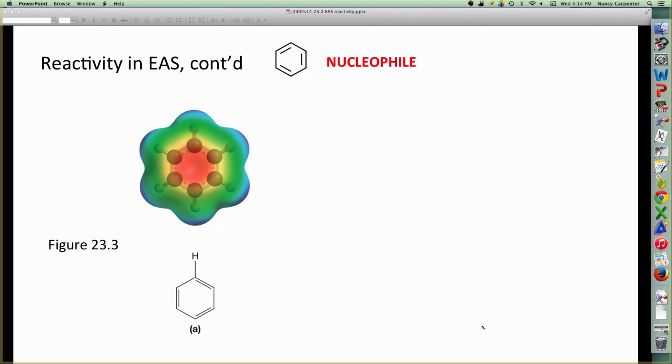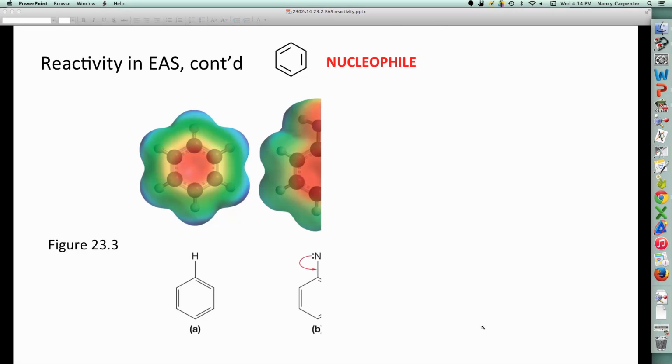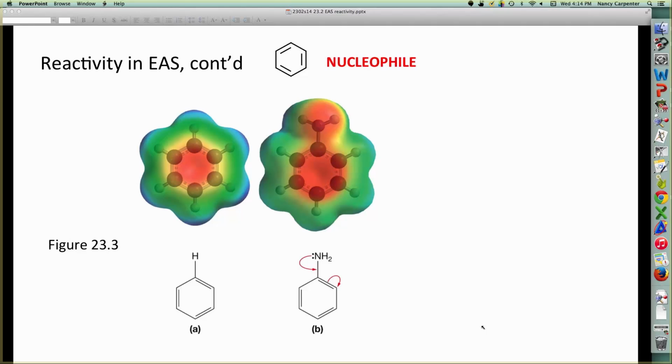Now as I move along and replace that hydrogen with something that's really quite electron rich and can push electron density into the ring, as shown by our electron movement arrows down below, then we know that aromatic ring should become a lot more electron rich.